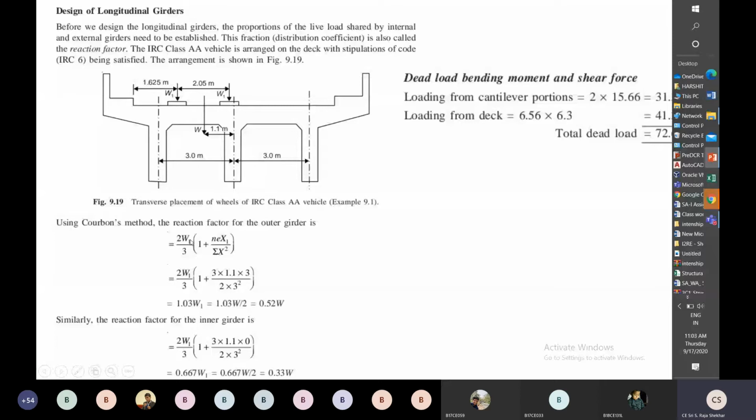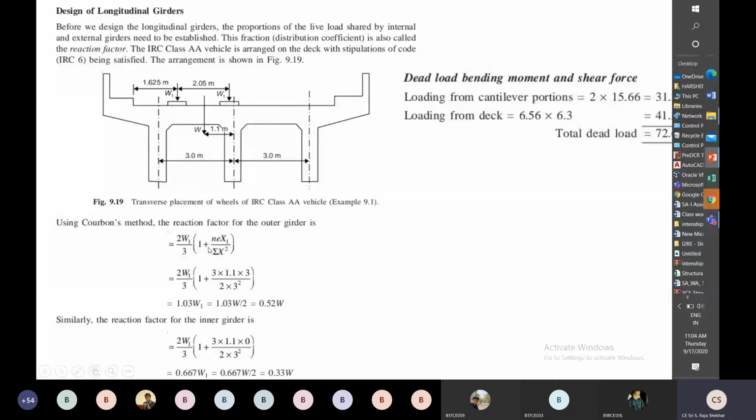That formula is W/N into 1 plus N e x by sigma x square. Here x is the distance from the CG of the bridge to the CG of the girder. Okay, that is x. Here, 2W1 is the total load, W1 plus W1, 2W1 by number of girders 3, into 1 plus N e x.